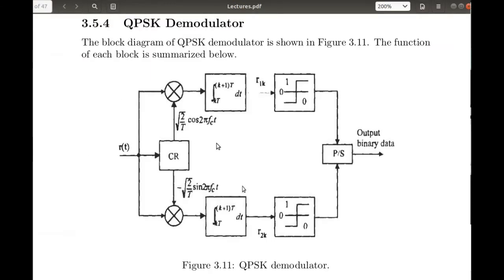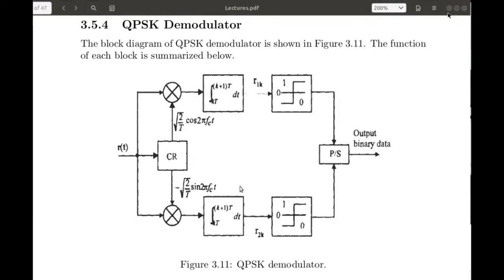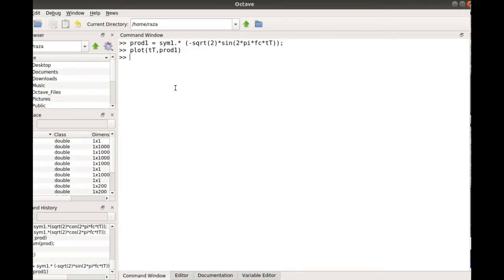Now I showed you the signal, this product. This would be integrated for the first time interval. So let's see what's the output of the integrator. I'll give it a name, integral 1, and this is the summation of prod 1. We expect that this should be negative, and it's actually a negative number.